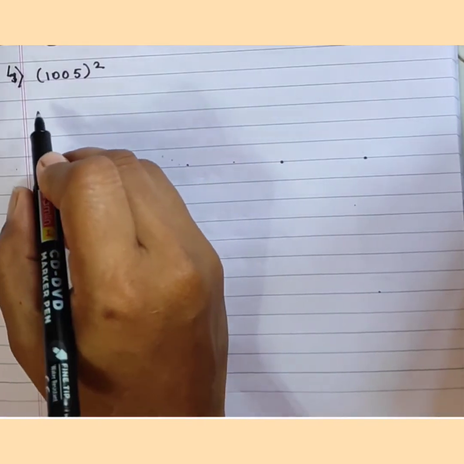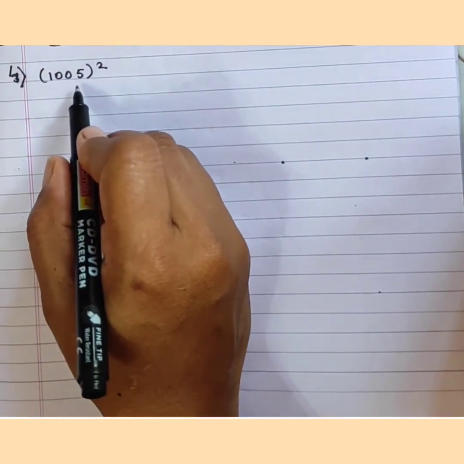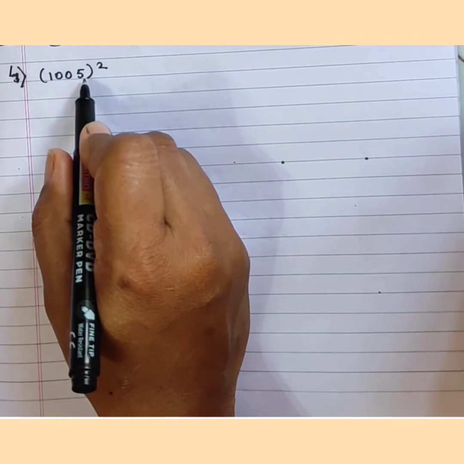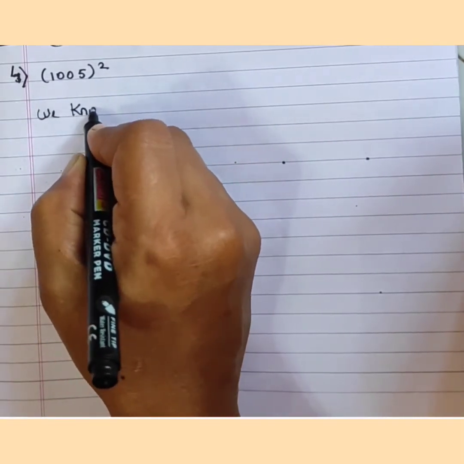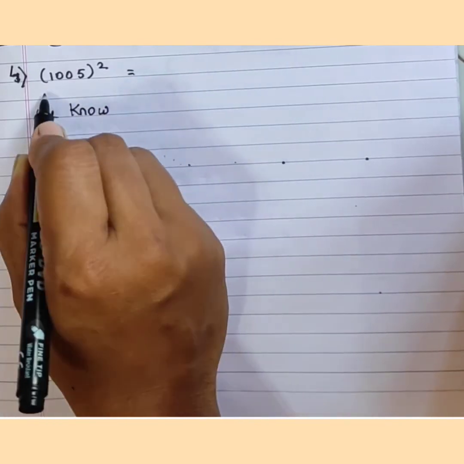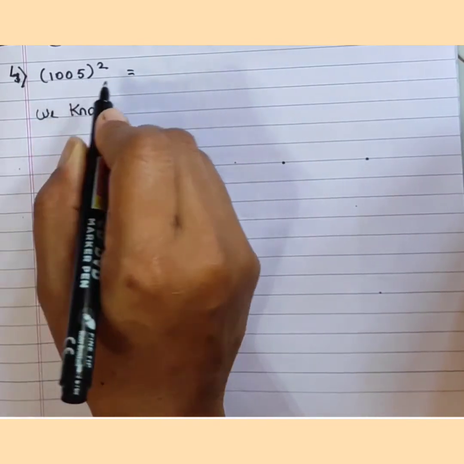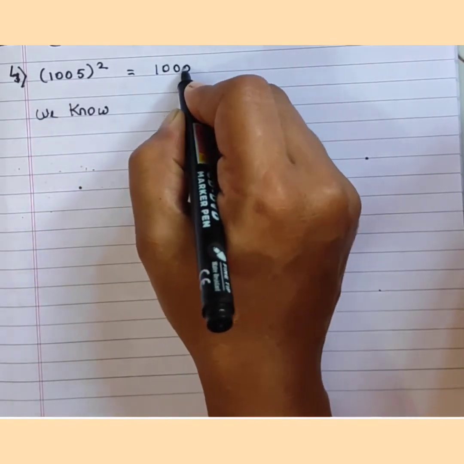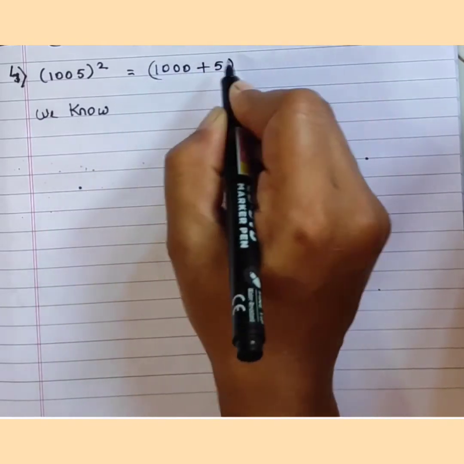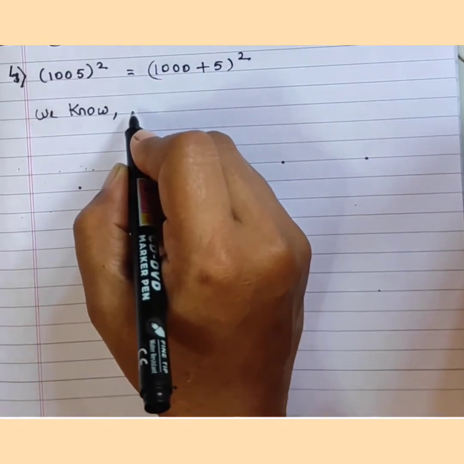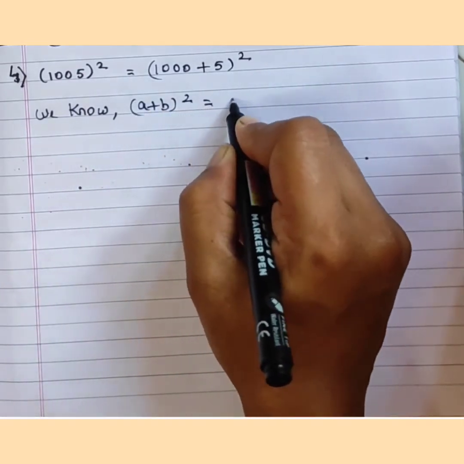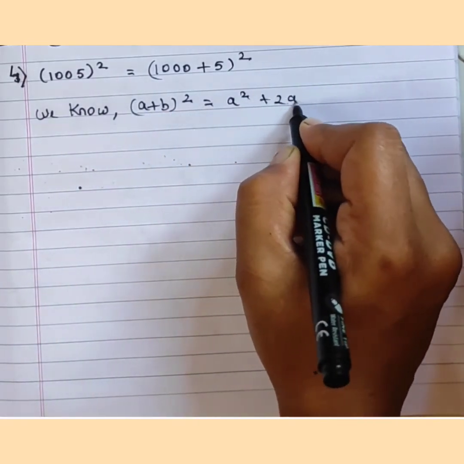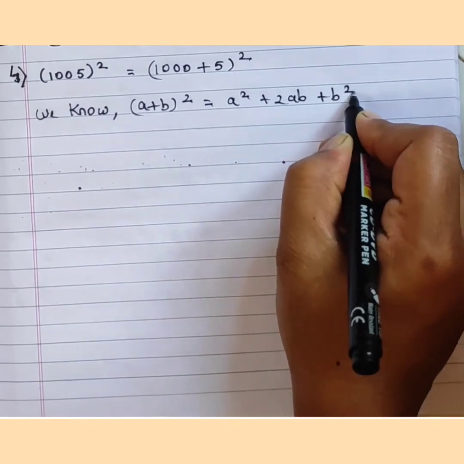Now we will find the value for 1005 the whole square using the expansion formula. 1005 the whole square can also be written as 1000 plus 5 the whole square. We know the algebraic formula as a plus b the whole square is equal to a square plus 2ab plus b square.